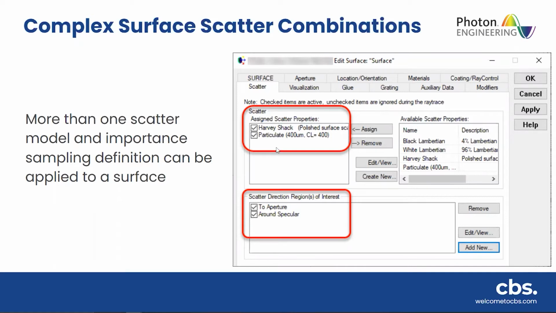So this screenshot here has a Harvey Shack model for a polished surface, but also has a particulate Mie scatter model applied as well for particles of a 400 micron size. And then in terms of directions to scatter to, we can pick different directions as well and encourage light to go in places which are interesting for us.